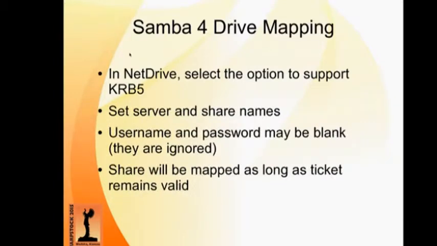So, how do we do a Samba 4 drive mapping with Kerberos authentication? Well, in the Samba 4 plugin for NetDrive, we have a couple extra checkboxes. You know where the checkbox is located to support EA? Oh, up on the right when you're mapping something in NetDrive? Well, we have two more checkboxes. One of them is support KRB5, and the other one is support NTLM v1.